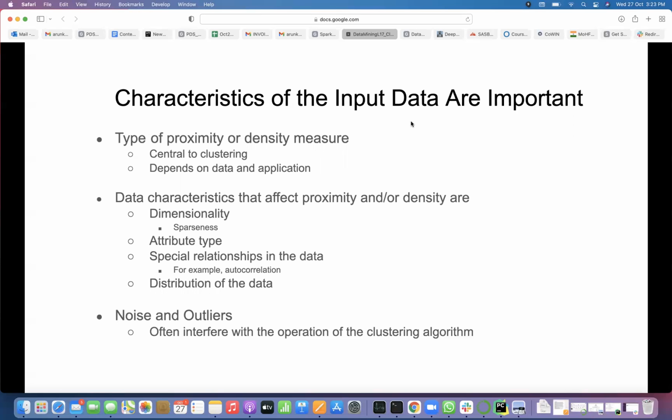Where you are applying it and what data you have at hand, these two are important to decide whether you go by proximity or density measures. Data characteristics that affect proximity and density include dimensionality. If the data are high dimensional, then the data becomes sparse.